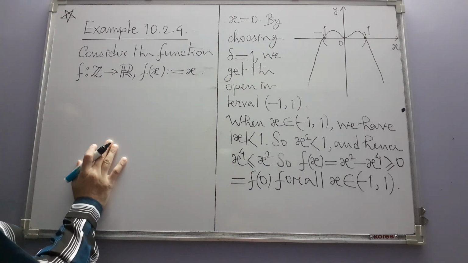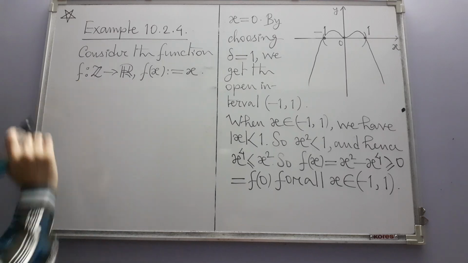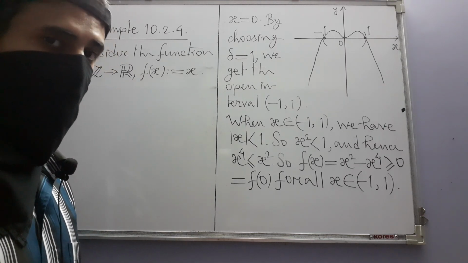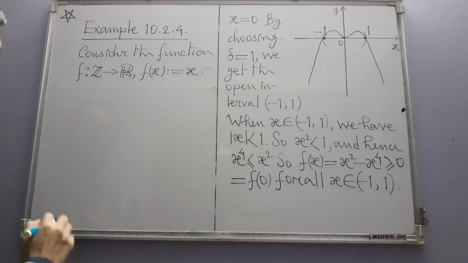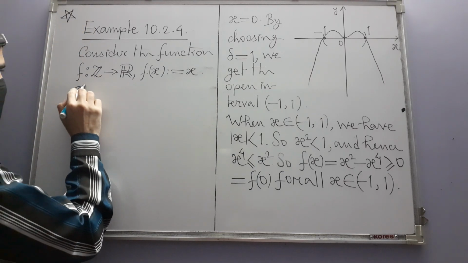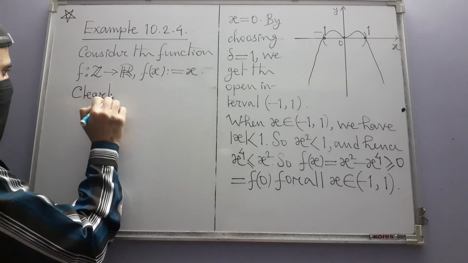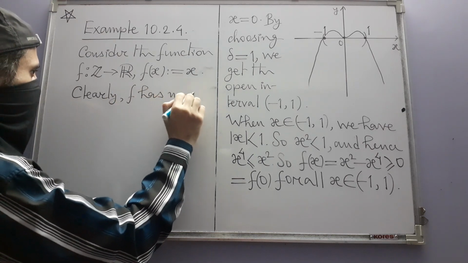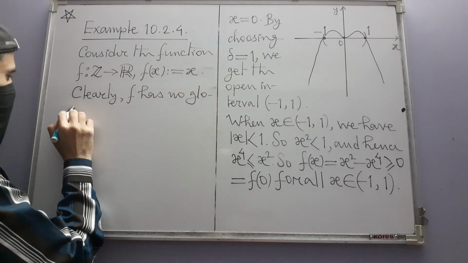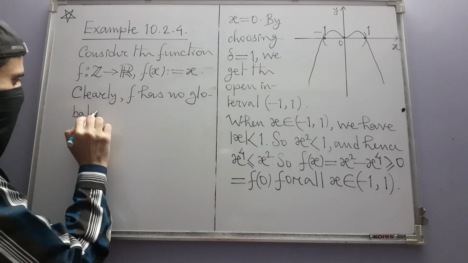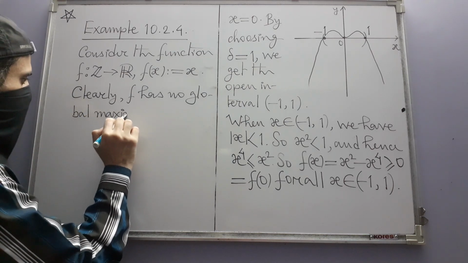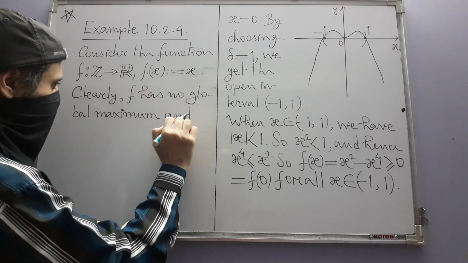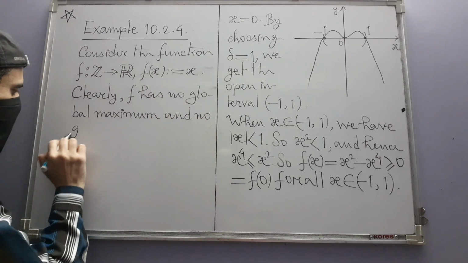Okay. Now what about the maximum, minimum values of this function, global as well as local? Clearly, f has no global maximum and no global minimum.